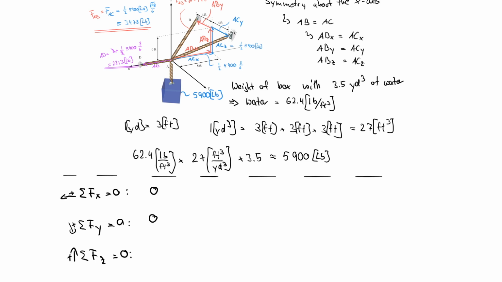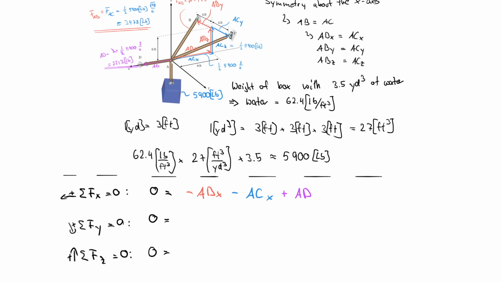0 is equal to the x direction first. Plus AD, I'm going to put that at the end actually. So I'm going to start with AB, so minus ABX, minus ACX and plus AD, right? Plus AD.